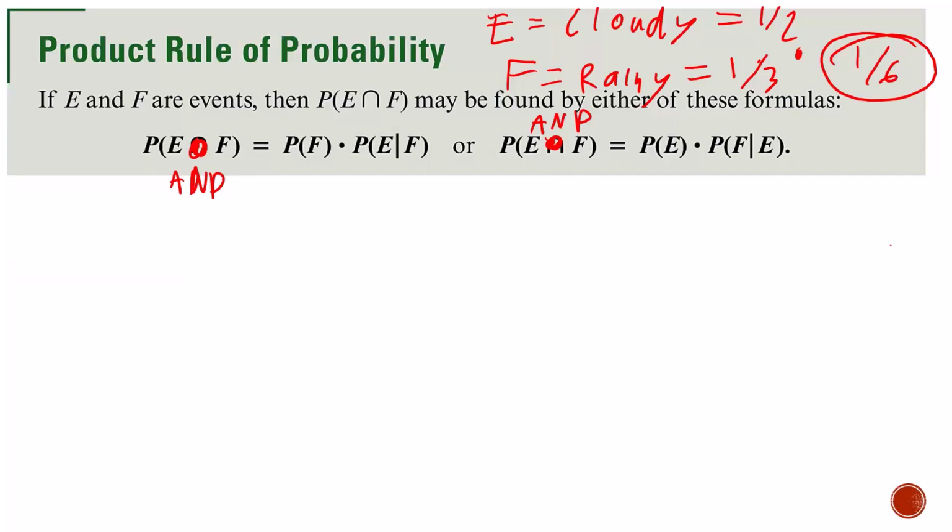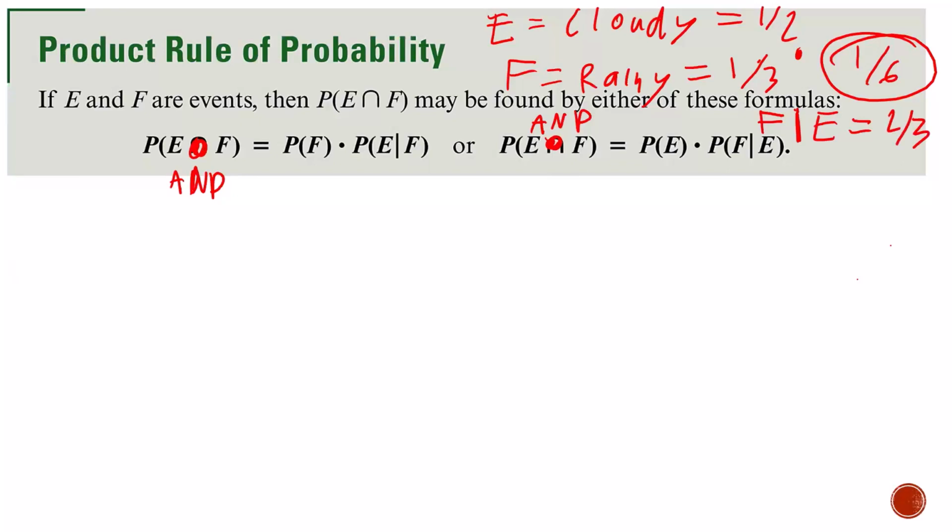So the way you can think about it is: rainy given cloudy. What do you think? I think like 2/3 of the time it's a cloudy day, it rains.